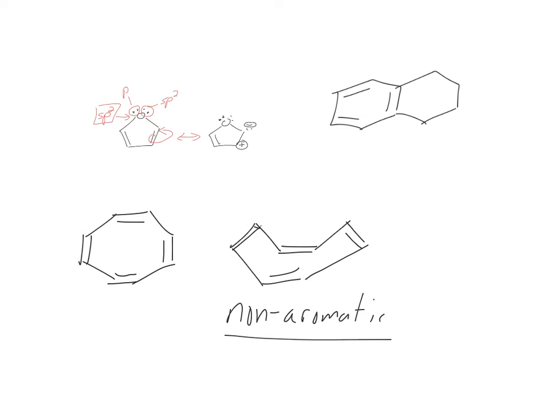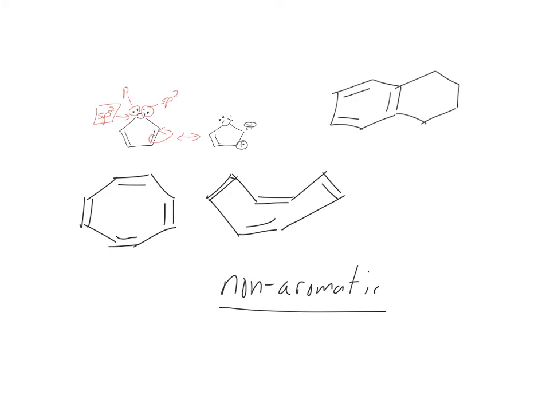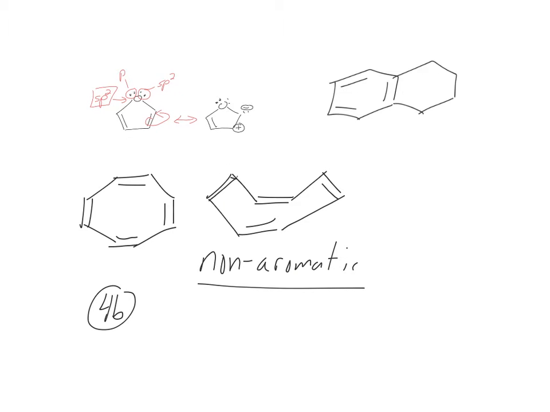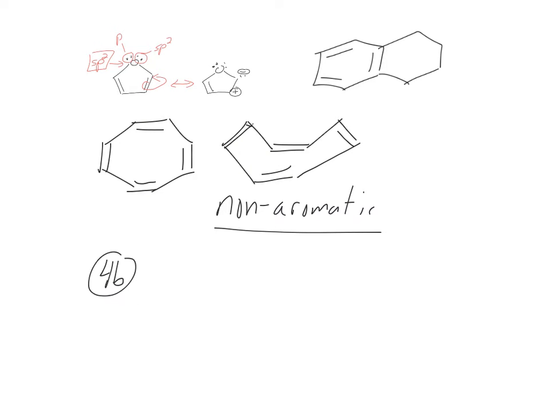I did give another example. You could look at exam 4, question 4b. So I wrote this one as anti-aromatic, but in reality, I gave points to people that said this as well.